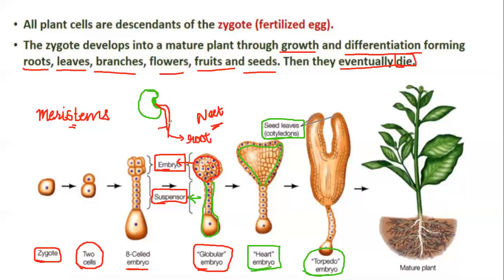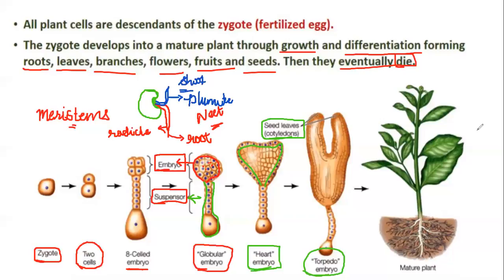This particular portion is known as the radicle. The radicle in the seed elongates to form the root, whereas the other part that forms above the soil is known as the plumule, which indicates the shoot system.